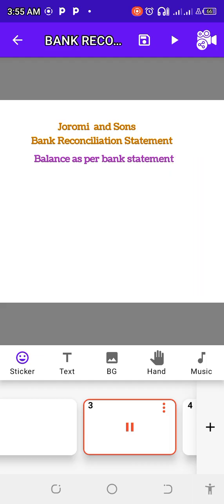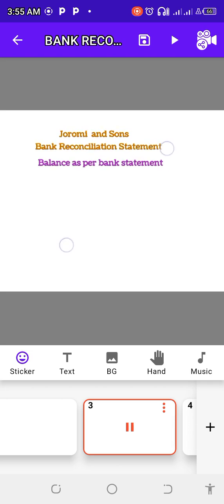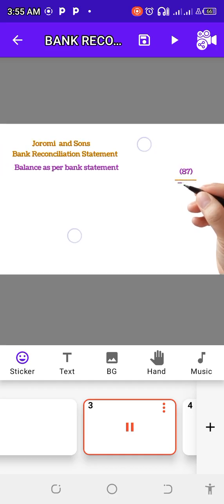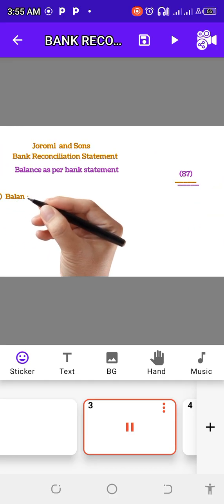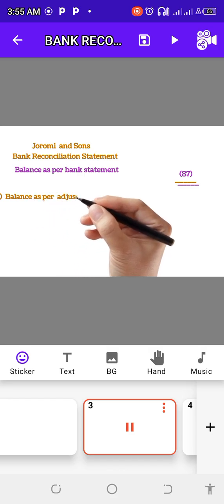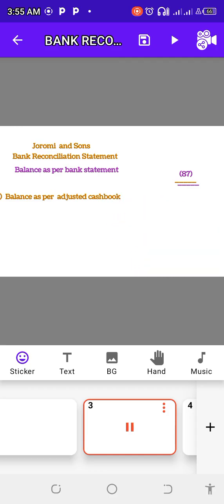That is the reconciling figure, so that we know the effect, what we mean by this reconciliation. So we are going to bring back the bank statement balance before we start the reconciliation. So we are starting the reconciliation now from the balance as per the adjusted cash book.